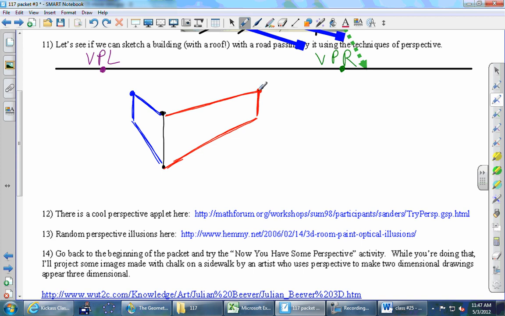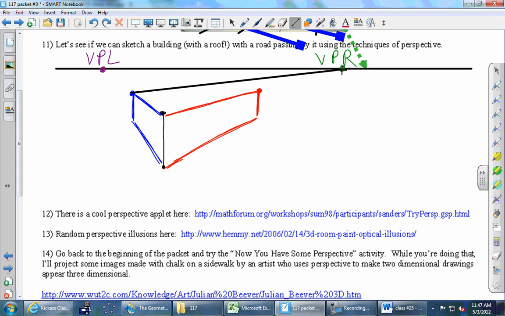What we're going to do is connect those roof points to the opposite vanishing point. I'll start with the blue one. For me, this blue point is my left one. I'm going to connect it to the right vanishing point. So you're drawing a straight line, connecting the left roof point to the right vanishing point. I'll draw it here like that.